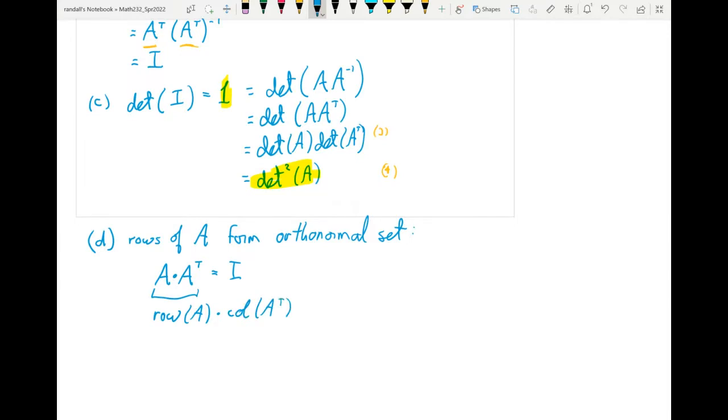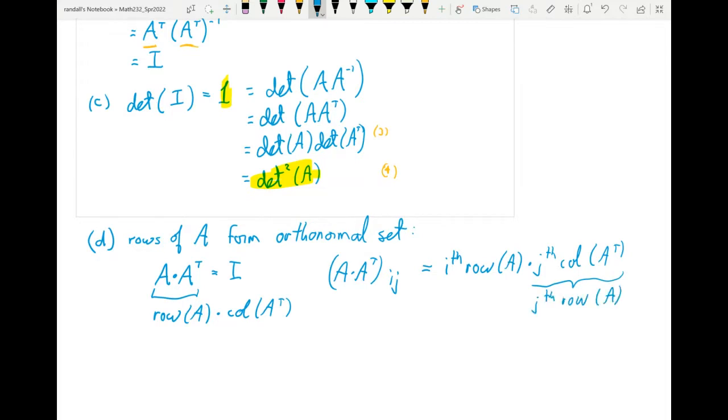That's matrix multiplication. So if you look at the ijth element of A dot AT, it's going to be the ith row of A dotted with the jth column of AT. Now, the jth column of AT, that's the transpose, that's the jth row of A. Now notice this is the identity matrix, so it equals 0 if i is not equal to j, and it equals 1 if i equals j, because that's what the identity matrix is.